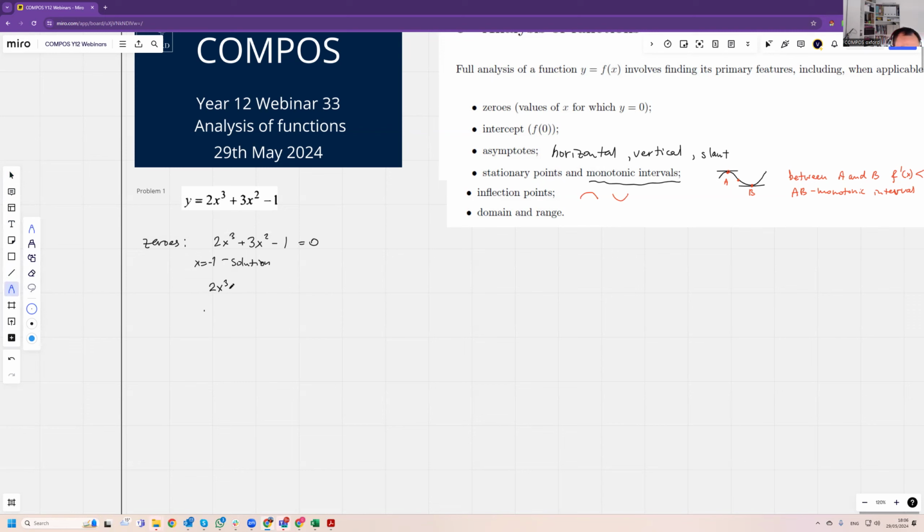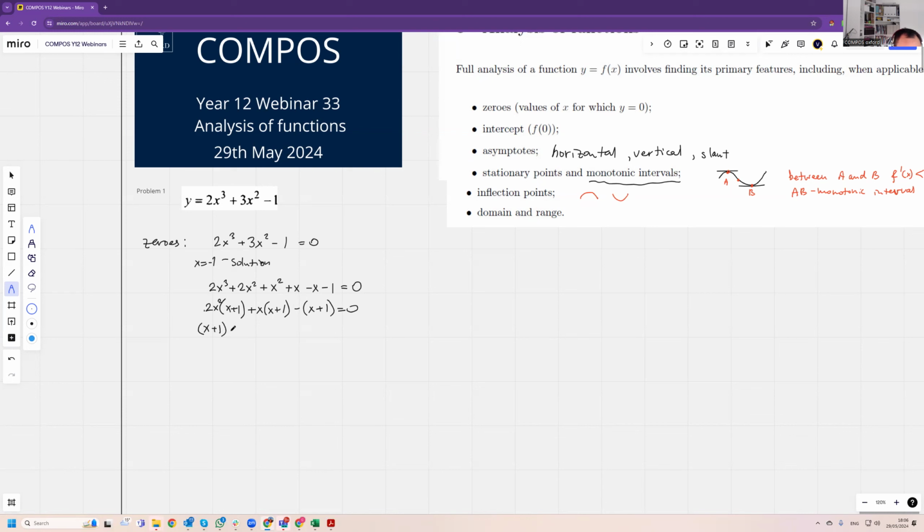So 2x cubed plus 2x squared plus x squared minus x plus x minus 1 equals 0. And 2x squared times x plus 1, plus x plus 1, minus x plus 1 equals 0.